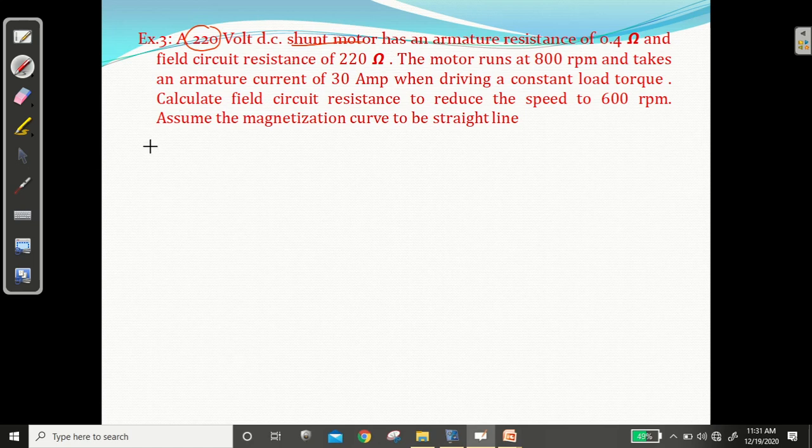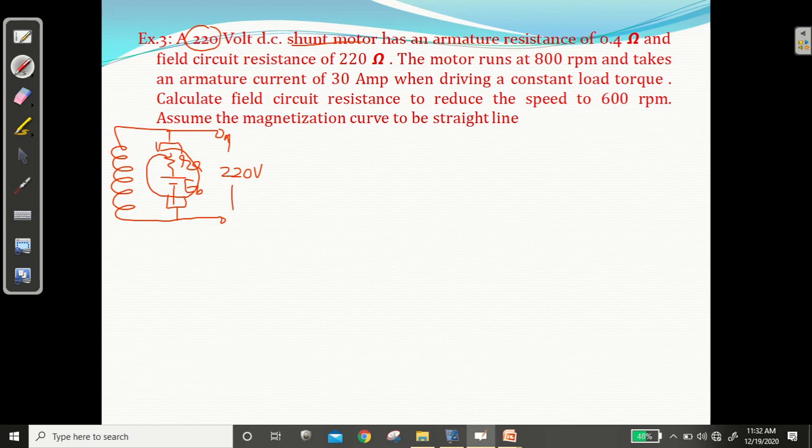This is the EB, RA, this is 220 volt. So voltage across here will be also same, 220 volt. Armature resistance is given.